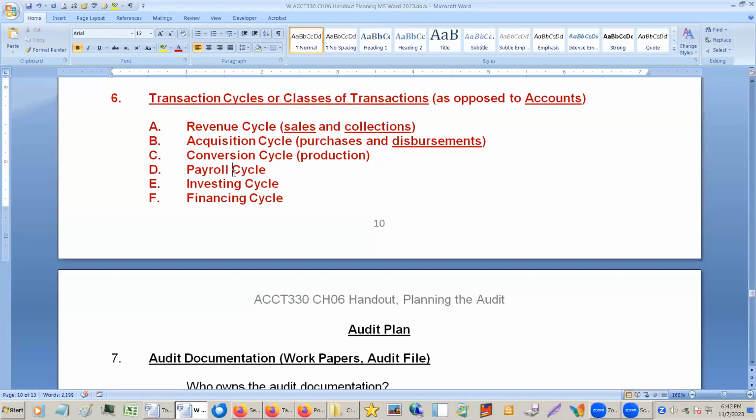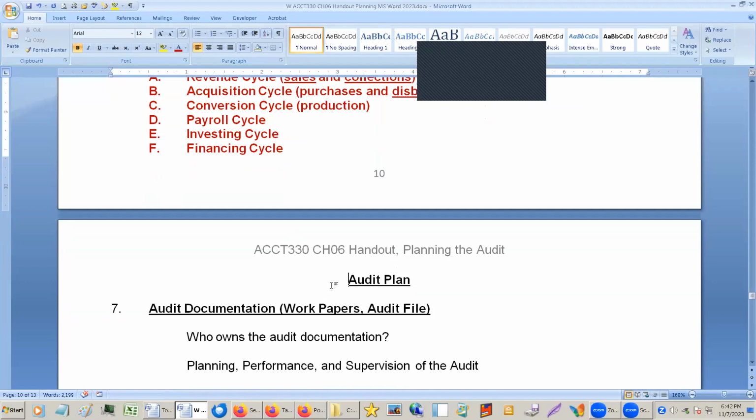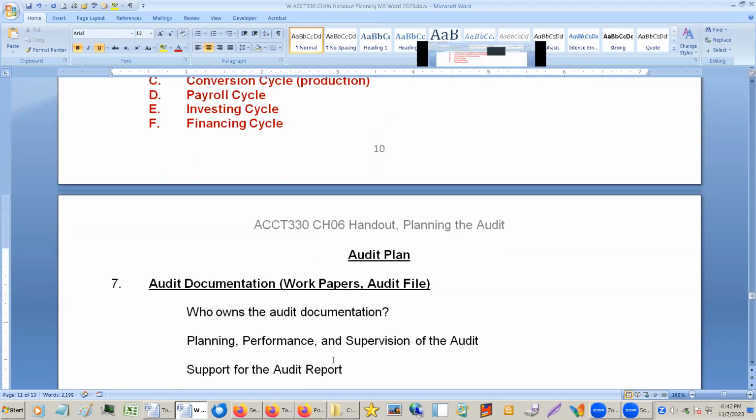But putting them together in an overall picture, I think that they think that there's value to that, and there very well could be. CPA firms have been doing that. Different ones have been doing it for years, so it's not that unusual. It's not a new concept, I'll put it that way, even though it's a new requirement.